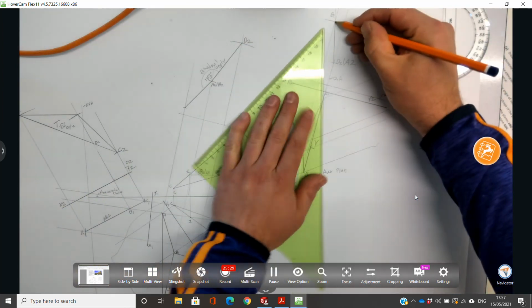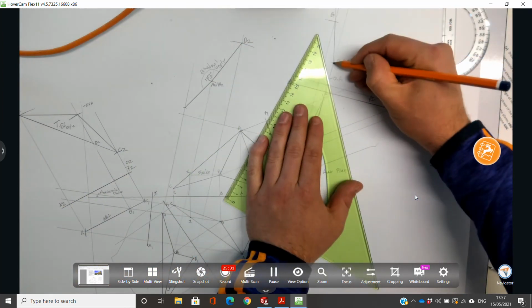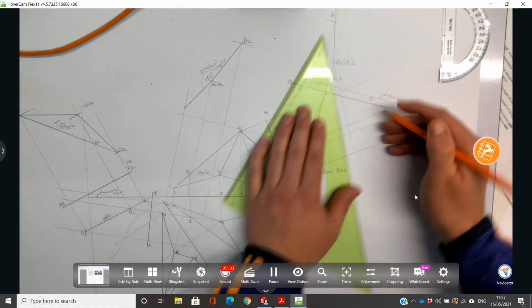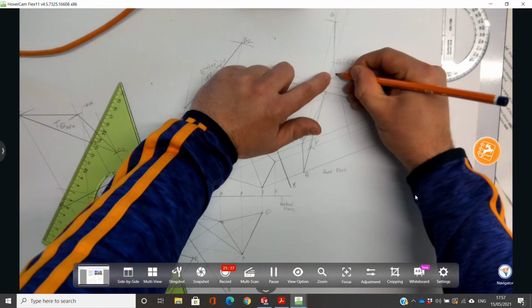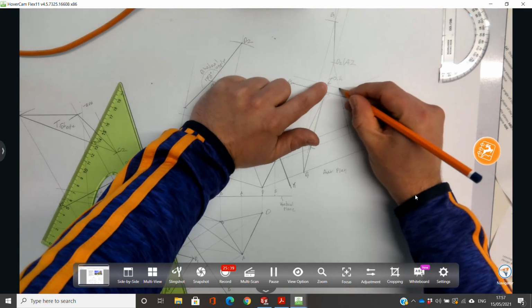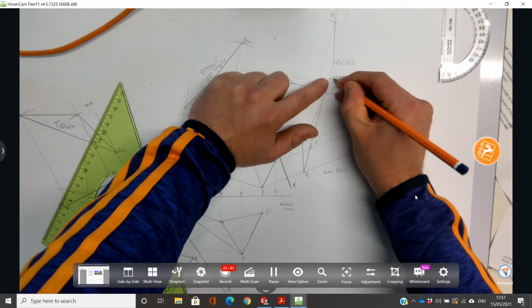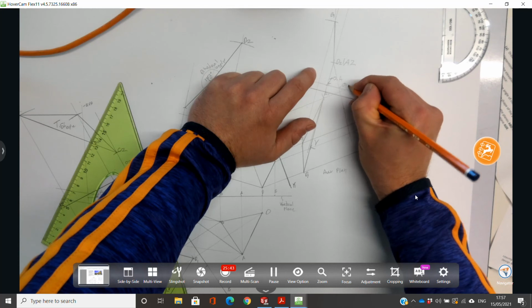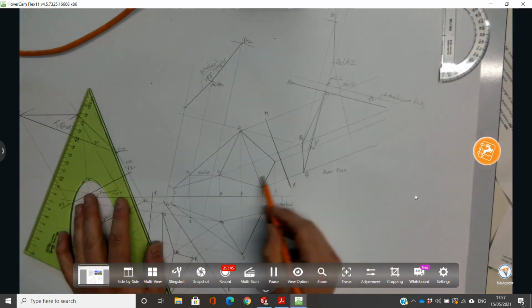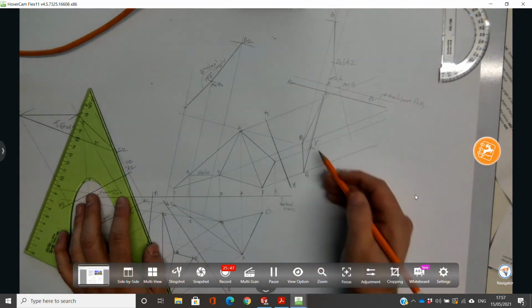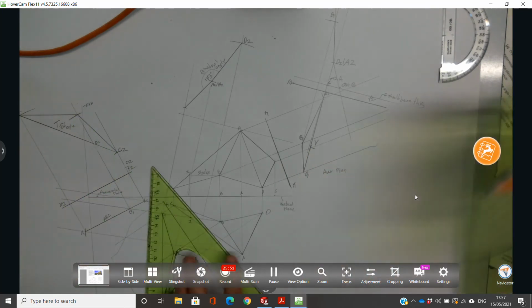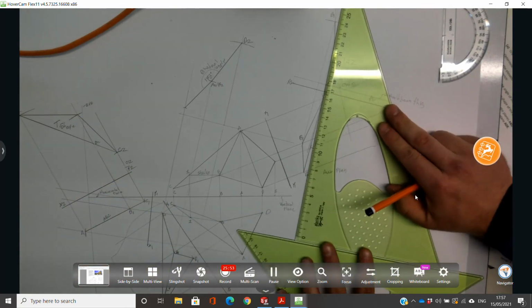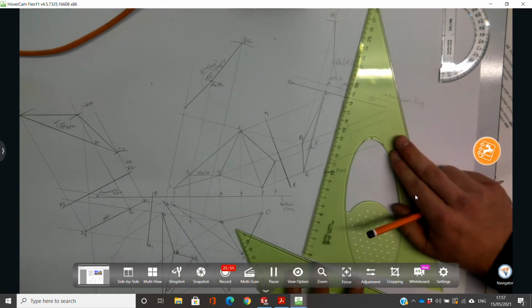Now I'm going to join them back. So where those two edge views hit that line there is their possible answers. So that's option A, option B. And it has to be on the projection in the auxiliary plan, it has to be on the projection line coming from E. So I'm going to project them back down.